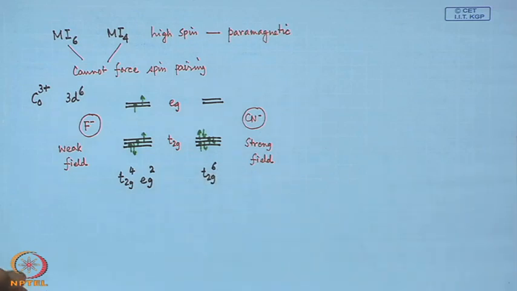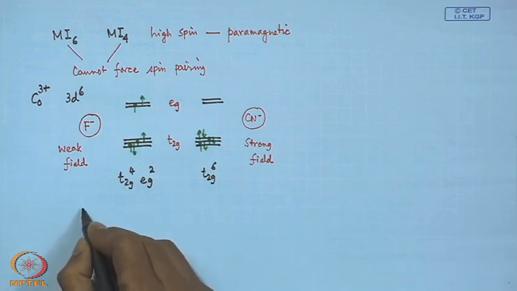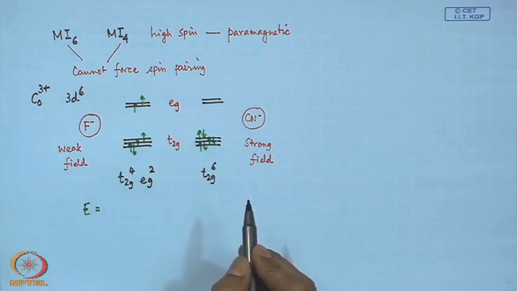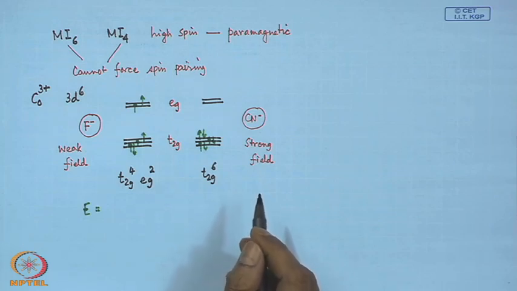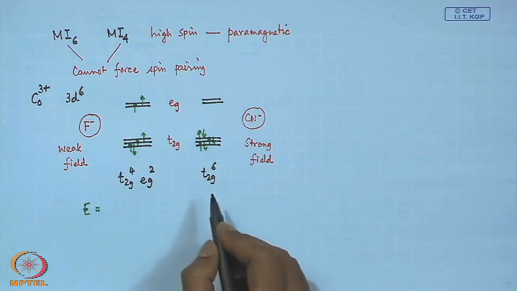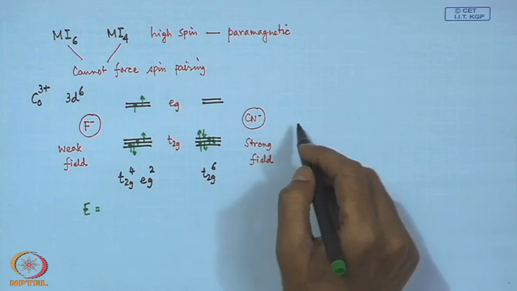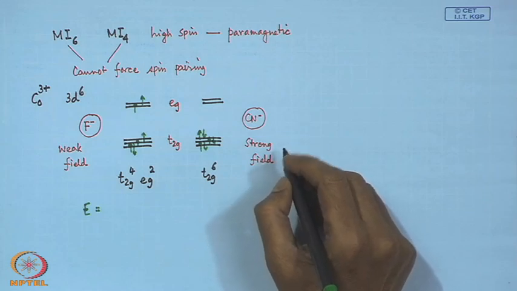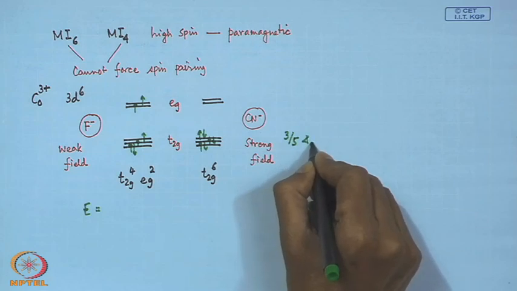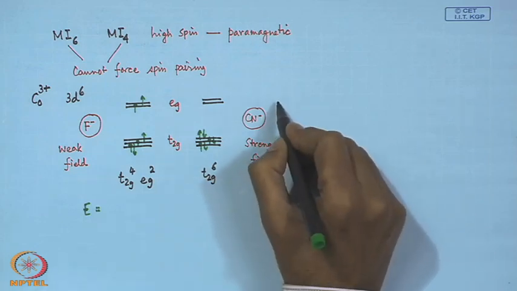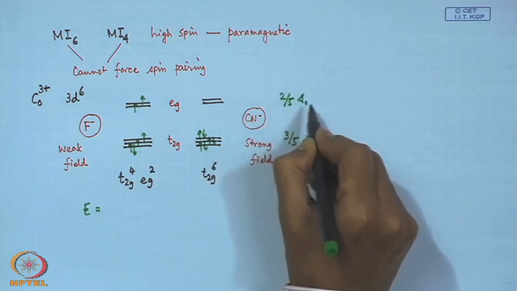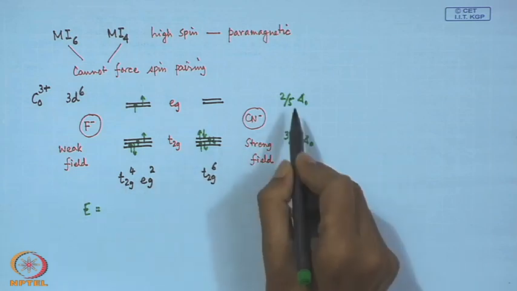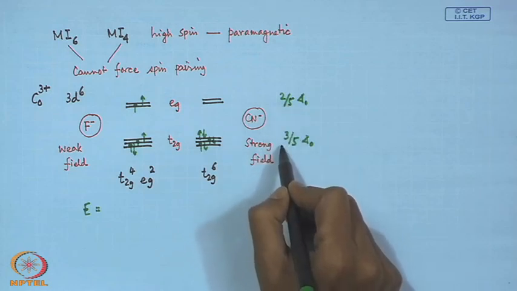In terms of the crystal field stabilization energy, we can find the E value for this configuration as well as this configuration and compare them. As we have seen earlier, the t2g level is stabilized by 3/5 delta O, and the eg set by 2/5 delta O. So this 4 will be multiplied by this value and 2 by this value, and this stabilization is negative in sign.